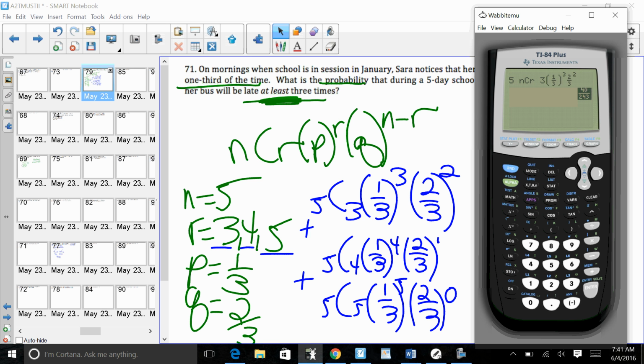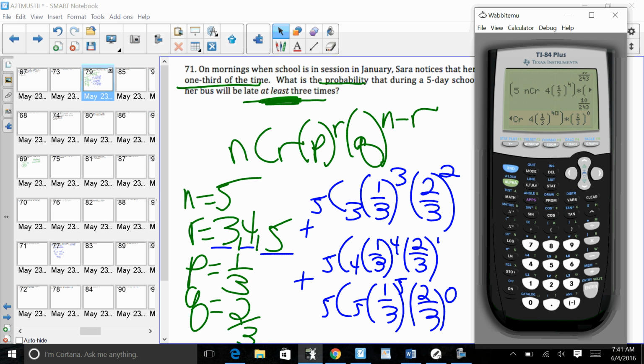Now, instead of retyping the whole thing, I'm going to just replace the r. Instead of 3, I'm going to put 4. And I'm going to put 4, and I'm going to put 1. And then I'm going to do the same thing here. This is going to be a 0.